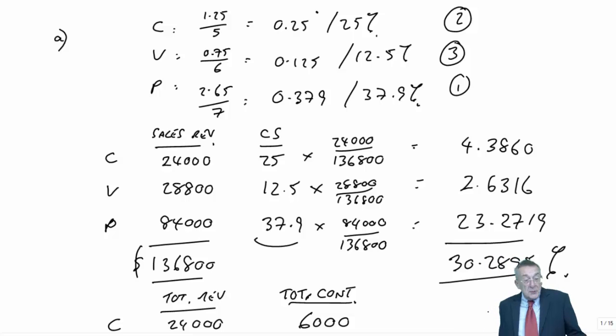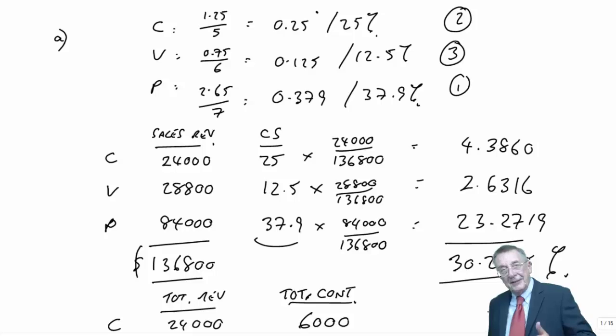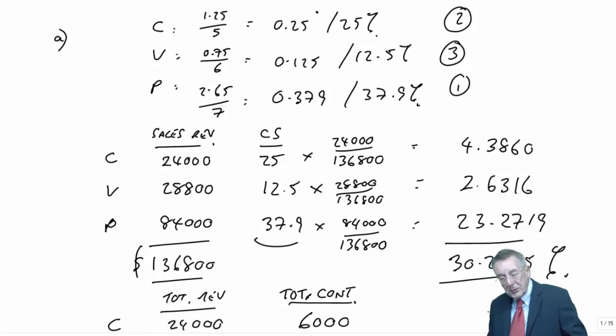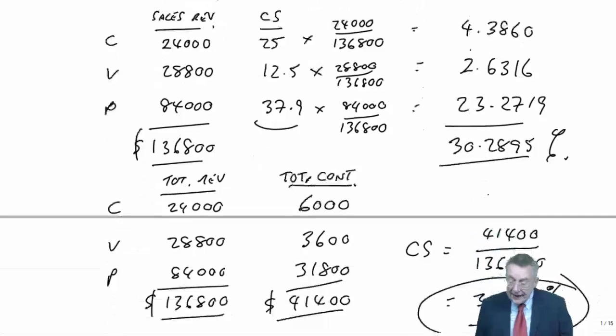And so we're saying this time, if we do sell fewer units, you know, we were budgeting on selling 21,600 units or something. If we did only manage to sell 5,000 units or something, well, make sure we sell the best one first. And only when we sold as many as we can of them, sell the next one, and so on. And so the order of CS ratios, it would be P first, then C, then V.